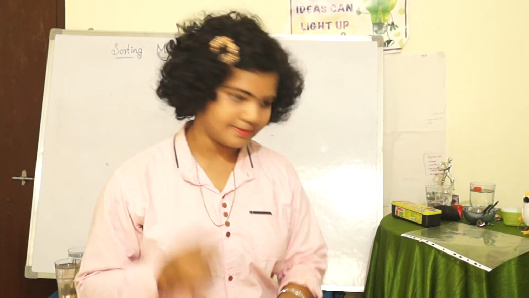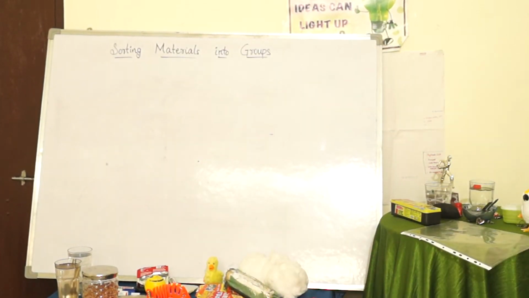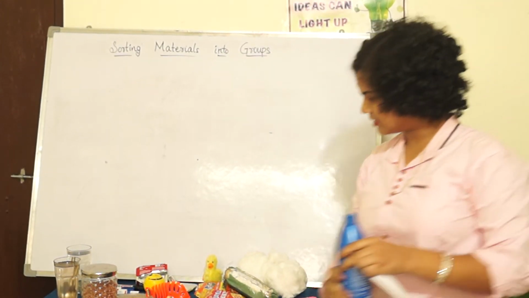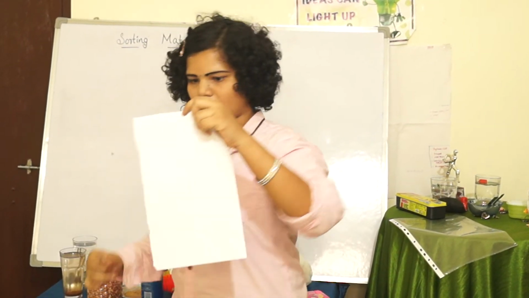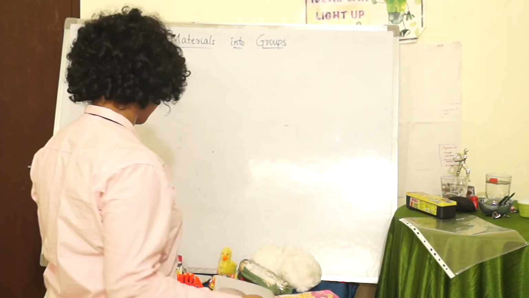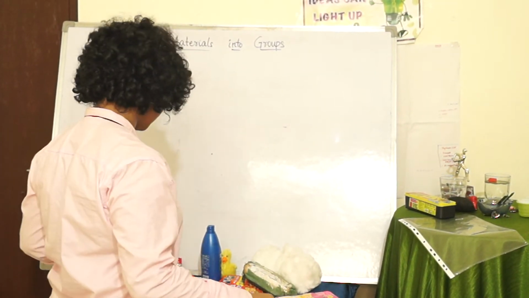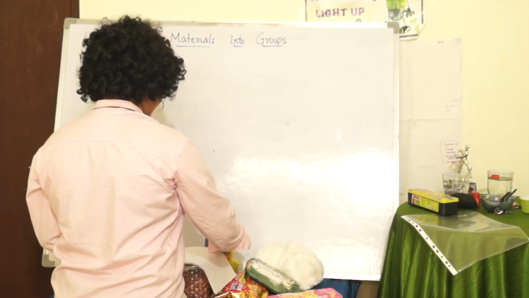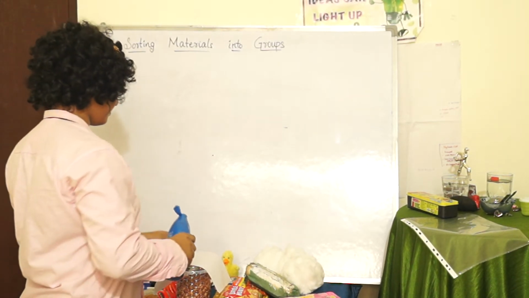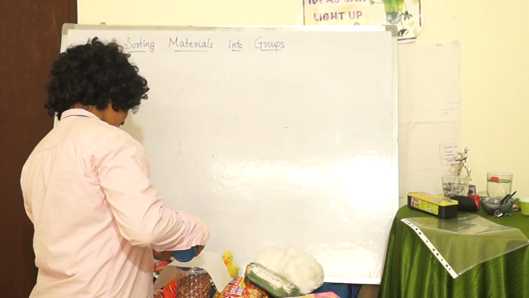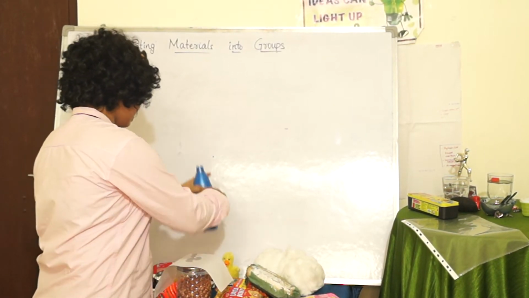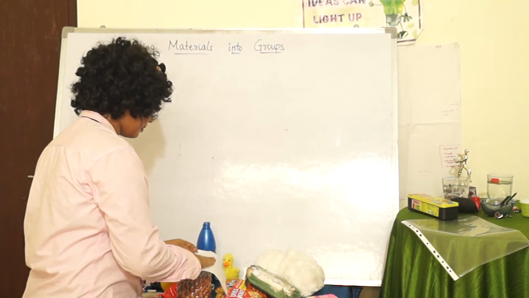I have an experiment for you. Here I have a paper and an oil bottle. Let me keep this paper here, and we should put some oil on this paper and rub the oil to spread it.